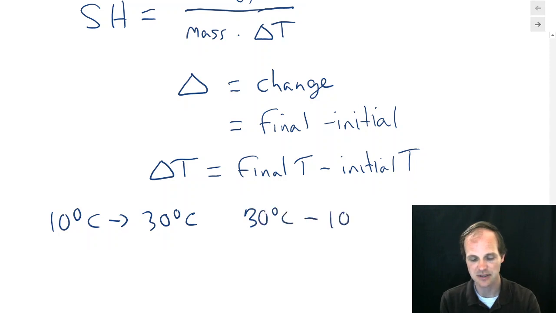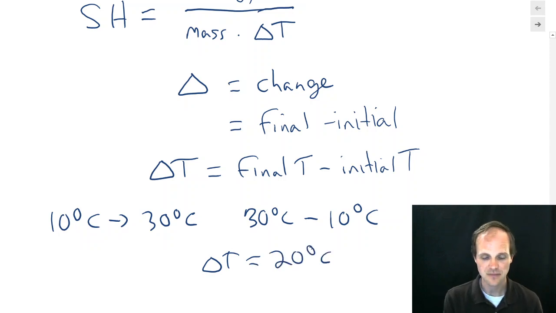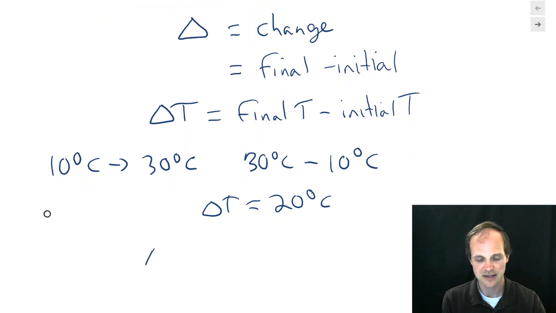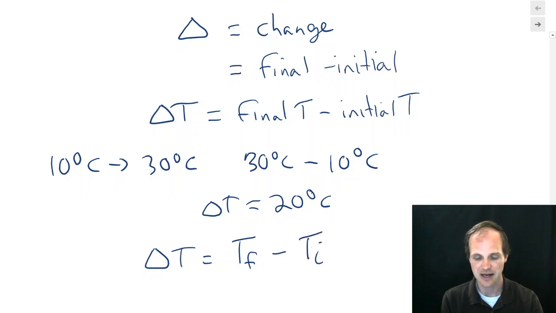My initial T would be 10 degrees Celsius. And my delta T would be 20 degrees Celsius. Oftentimes, we'll abbreviate this slightly, and we'll say delta T is T sub F, which stands for temperature final, minus T sub I, which stands for temperature initial. That means the same thing as what we wrote above.